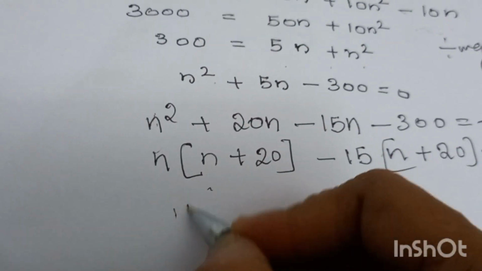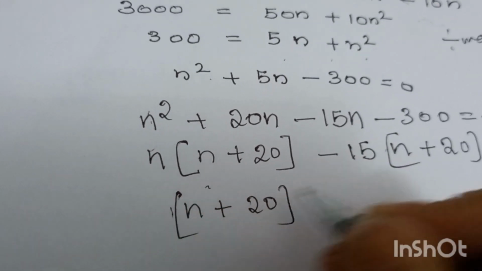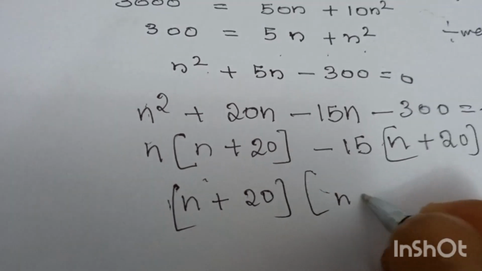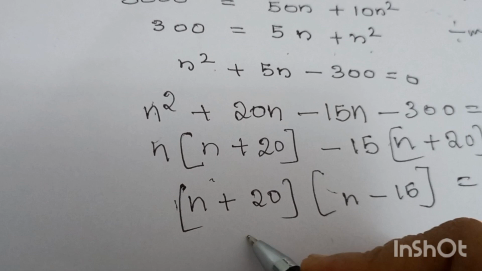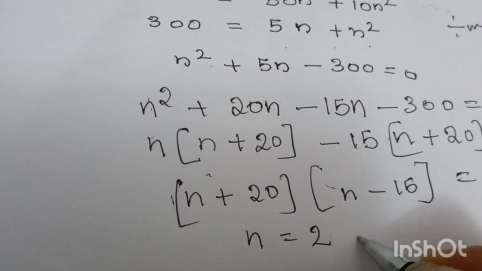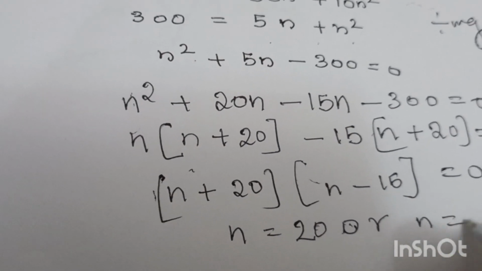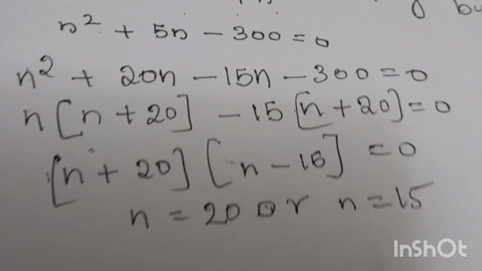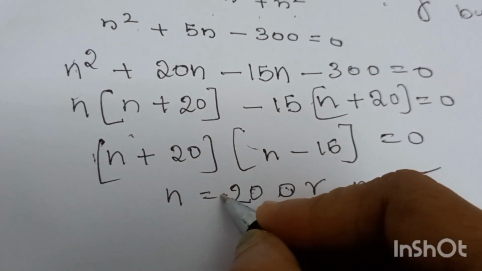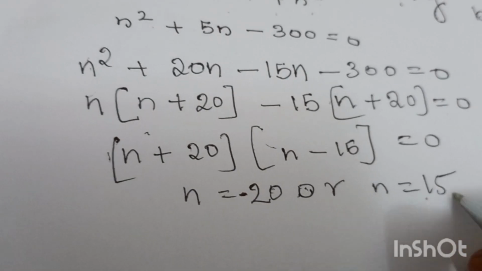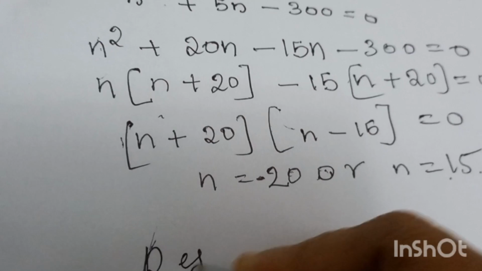Here n plus 20 we take outside: n plus 20 in bracket n minus 15 is equal to 0. n is equal to minus 20 or n is equal to 15. So we avoid negative values. Negative 20, rejecting negative values.